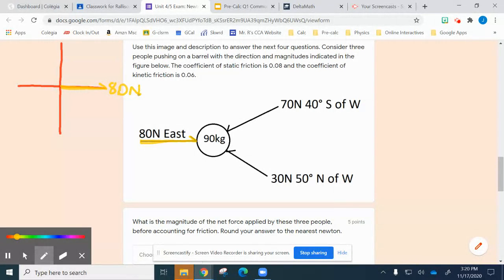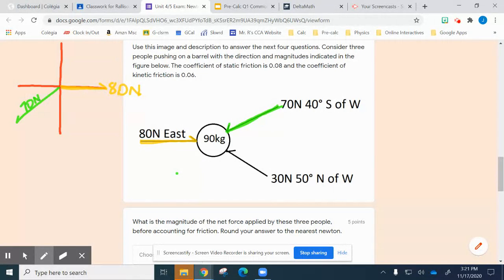And then we'll make this one this green color, to keep track of it. And that's going to be 70 newtons south of west. So west is to the left, and it's going to be 40 degrees south. So 45 degrees would be halfway between west and south, so it's going to be about something like that. And that is 70 newtons.